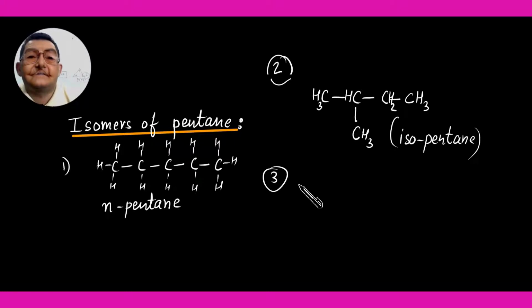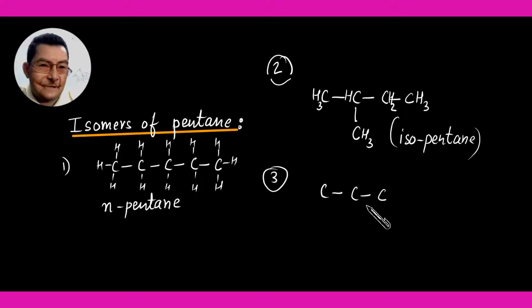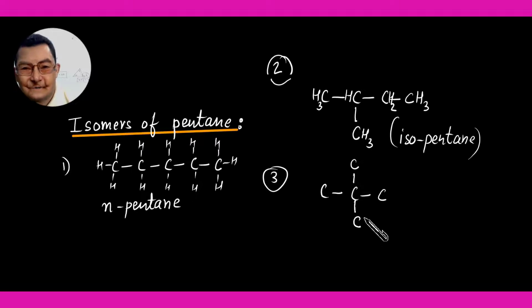Let's try drawing the third isomer of pentane. This time let's draw 3 carbons in a straight line, and the next one on top and one on bottom. Definitely this structure is different from the other two structures. So this is the third isomer of pentane. Let's complete the hydrogens.